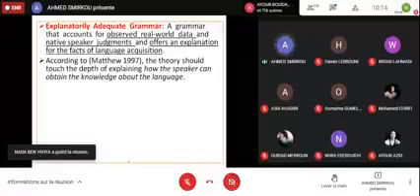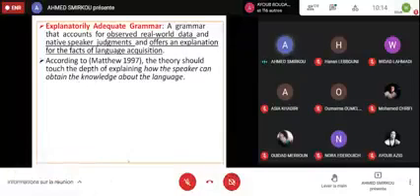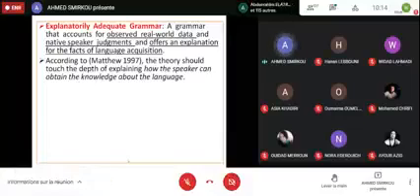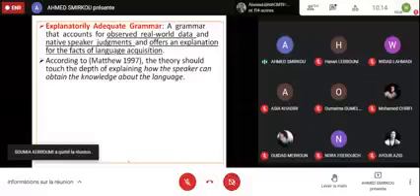Which means that in explanatory adequate grammar, the linguist is not simply responsible for accounting for the correctness of the data or the native speaker's judgments, but also tries to link this to language acquisition: how the speaker can obtain the knowledge about the language.